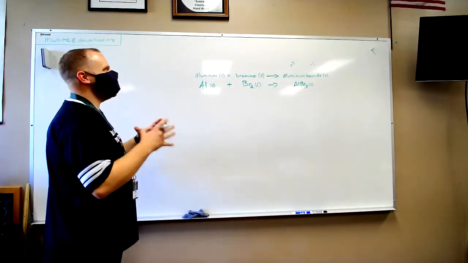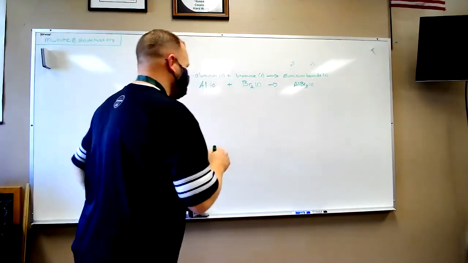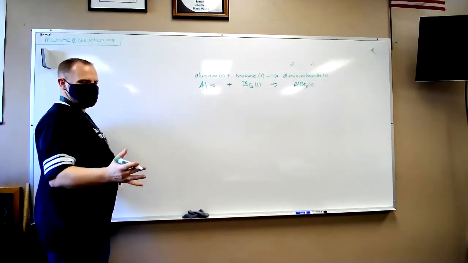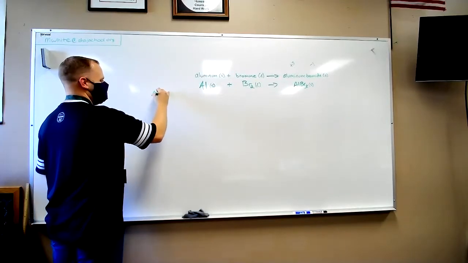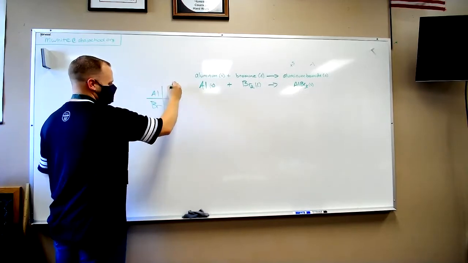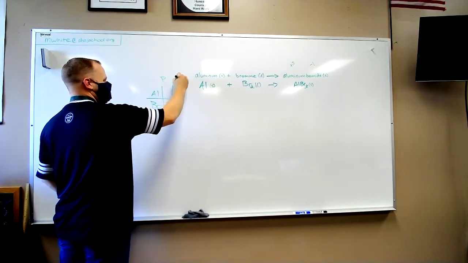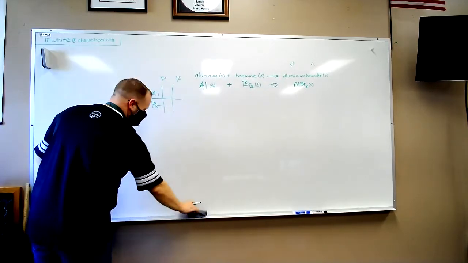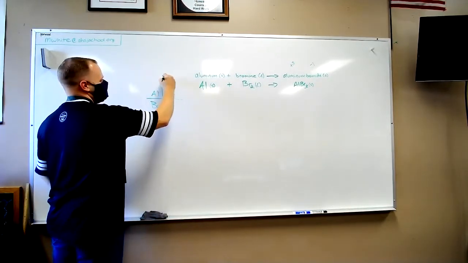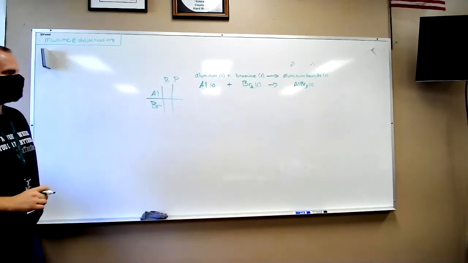So the way I like to do this, the way that I always balance my equations, I start out by just listing all of the elements that we have. So we have aluminum, we have bromine. So we make our little chart here, with the reactants on the left and the products on the right, going left to right like the equation.